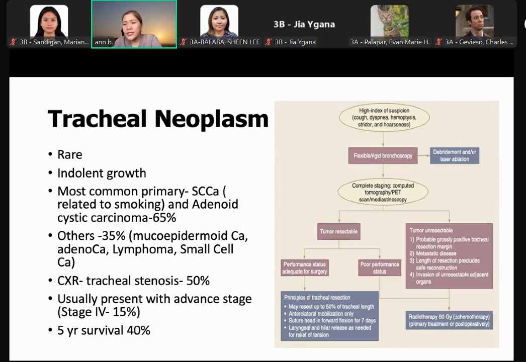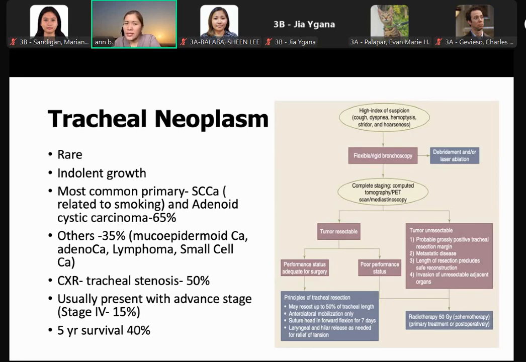If the tumor is unresectable, for example with grossly positive tracheal resection margins, because we need to do a frozen section during the surgery. Or if the disease is metastatic, meaning it has metastasized. Again, as I have said, most tracheal neoplasms, although rare, are metastatic. Or if the length of resection precludes safe reconstruction.